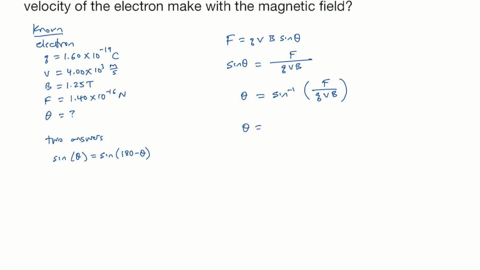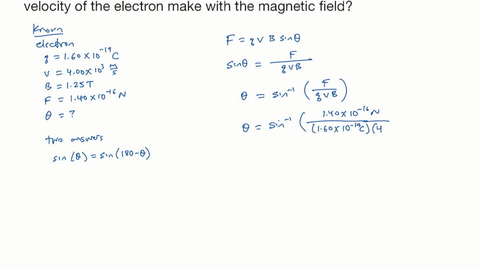Let's substitute the values. The force is 1.40 times 10 to the minus 16 newtons. Next is the charge, which is 1.60 times 10 to the minus 19 coulombs.